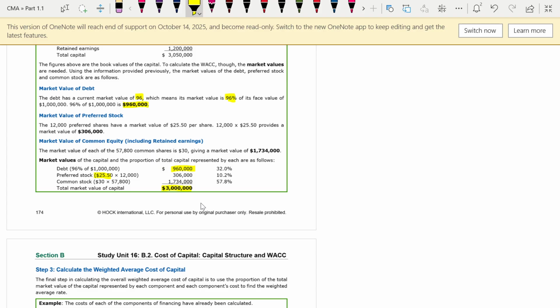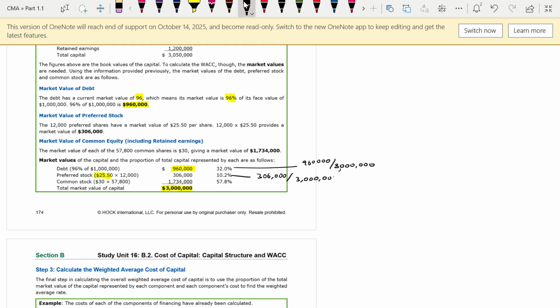How much will we get? We got 3,050,000, only 3 million. Now, 960 divided by 3 million. 306, cross-checking again, divided by 3 million.